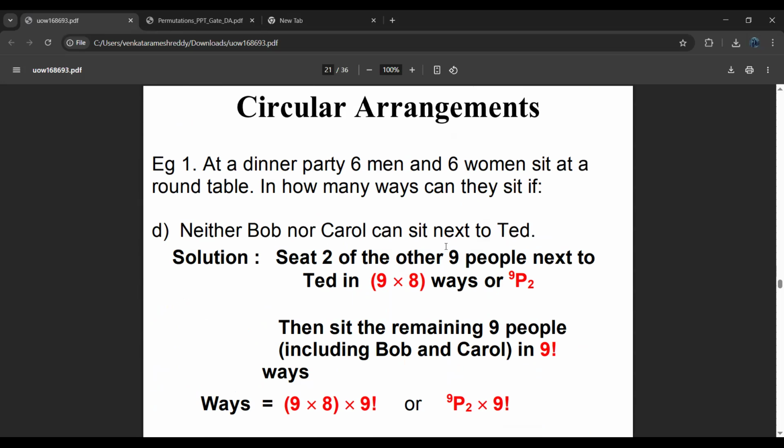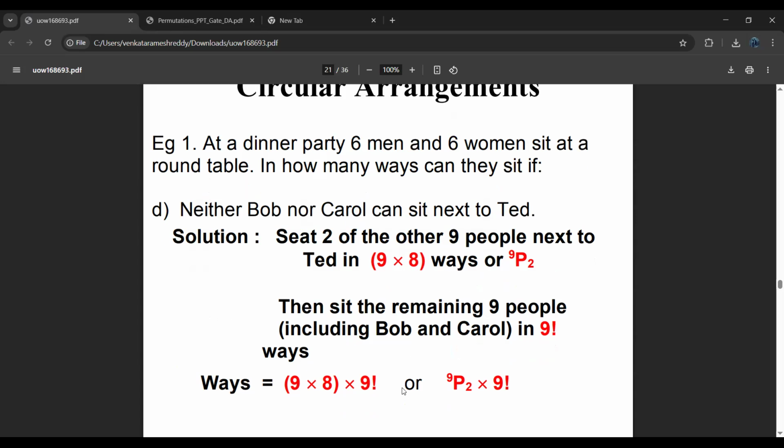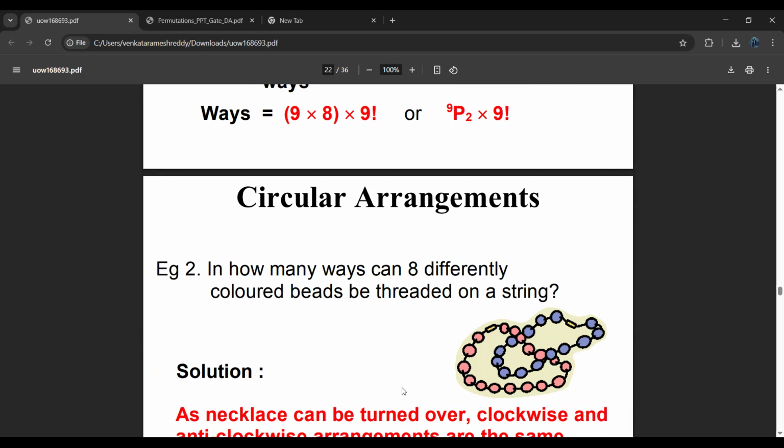It means either Bob or Carol should not sit beside Ted. So we seat two of the other 9 people next to Ted in 9 into 8 ways, or 9P2. Then we seat the remaining 9 people in 9 factorial ways. So the solution is 9P2 into 9 factorial.